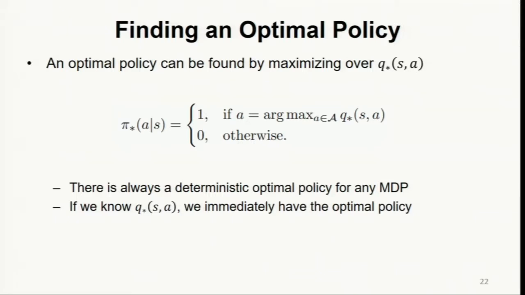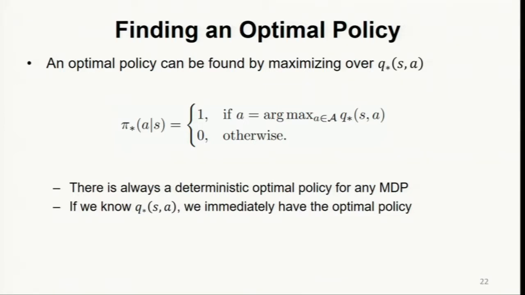If you know Q, you know the best policy. That means what we want to calculate is Q(s,a), the action value, because action value is defined for an action. If you know how good the action is, of course you choose the best action.